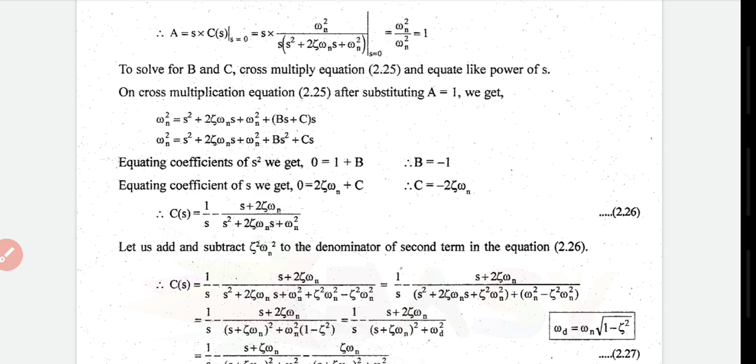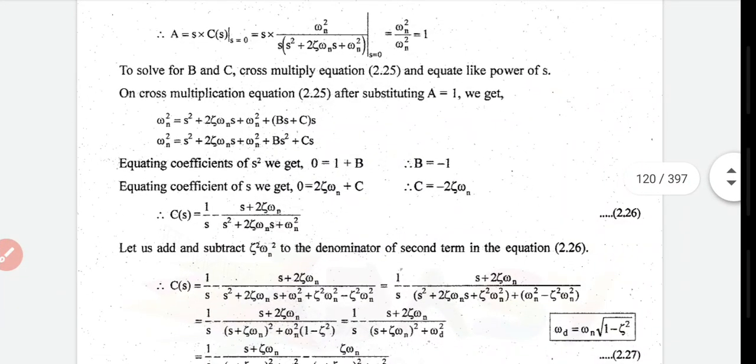So what is the C of S now? C of S is equal to 1 by S minus S plus 2 zeta omega n by S square plus 2 zeta omega n S plus omega n square. Now you have to reduce this second term.